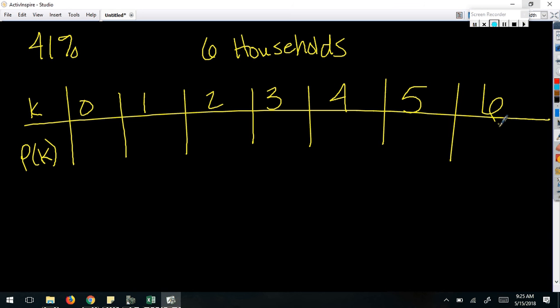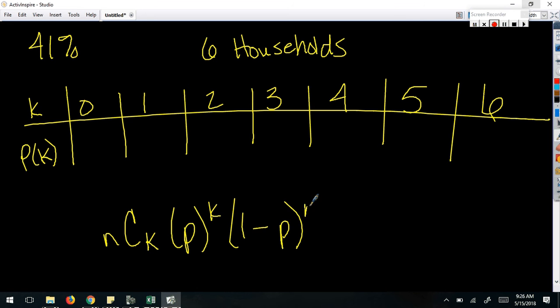So when you set this up, this is my P, because that is the percent of success, 0.41. 6 is my N. This doesn't change, and this doesn't change ever in the problem. What's changing is the K each time.